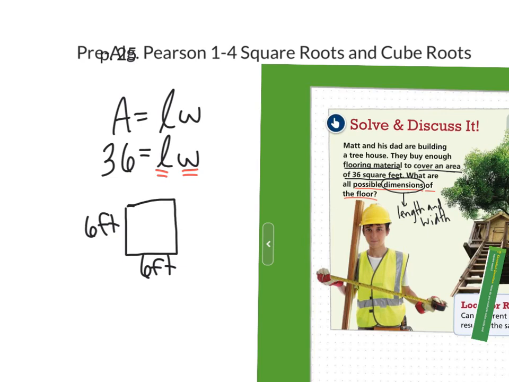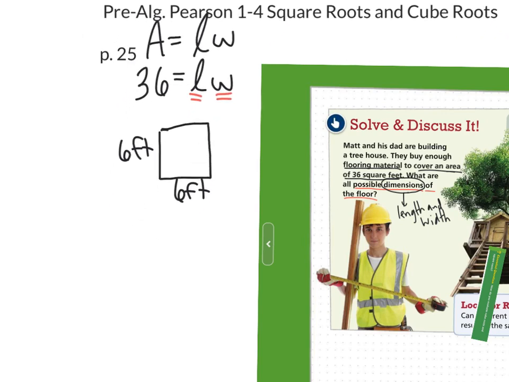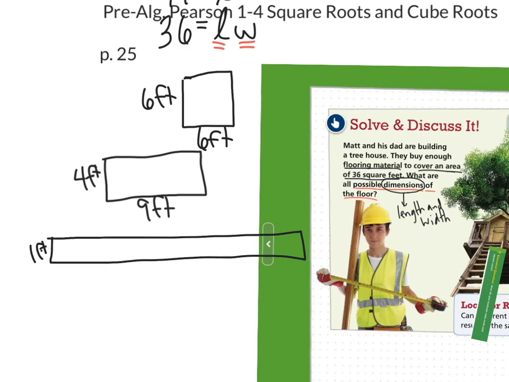Another option, thinking about 36, again, if we think back with our multiplication facts, we could have 9 by 4 or 4 feet by 9 feet. Could be our dimensions. Another option as we think about this, we could have our treehouse, it could be 1 foot by 36 feet.